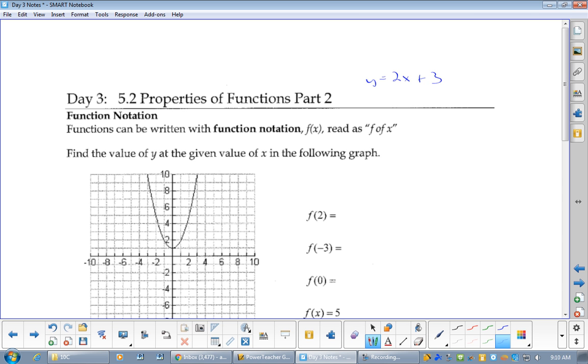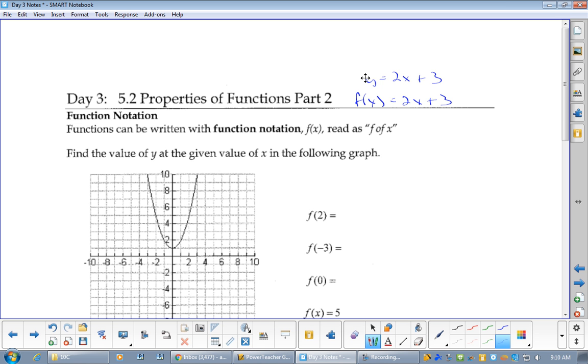Okay, that's what you've always seen. But we're going to take that y, and instead of calling it y equals, we're going to call it f of x equals 2x plus 3. So f of x actually stands for y, but what it means is this is the function 2x plus 3.